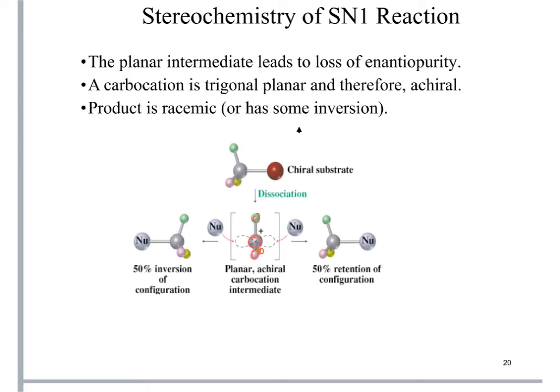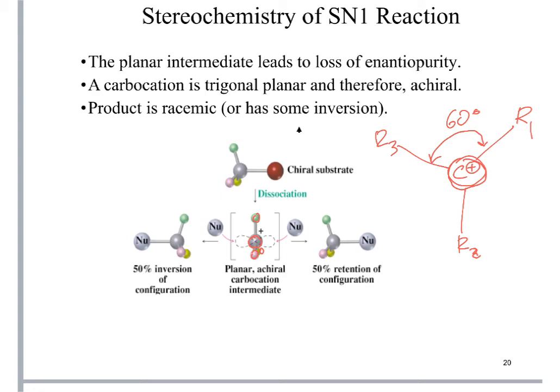So if you look at it from the top, our carbocation will be surrounded by three groups. We'll have 120-degree angles looking at it from the top or from the bottom, with the unhybridized p orbital protruding above and below the plane of the carbocation.